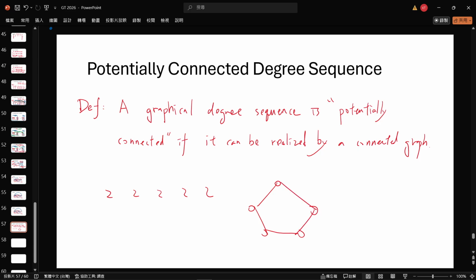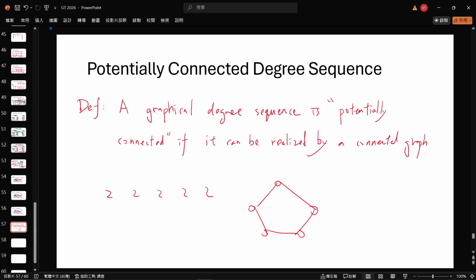But I want to stress that this does not imply that any graph that can realize this degree sequence must be a connected graph. So this definition only requires that there's one connected graph that can realize it. You don't have to make sure that all the graphs that can realize it are connected, no.